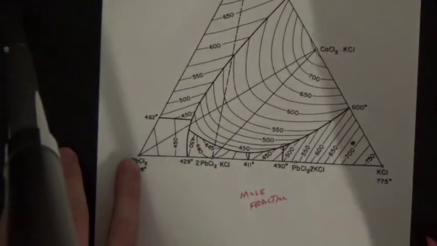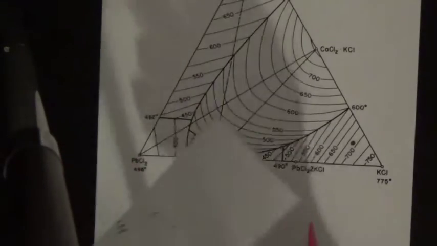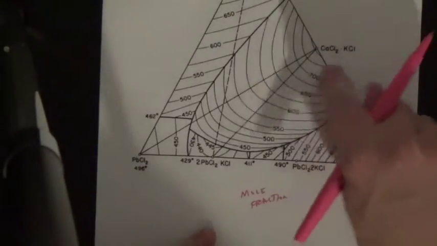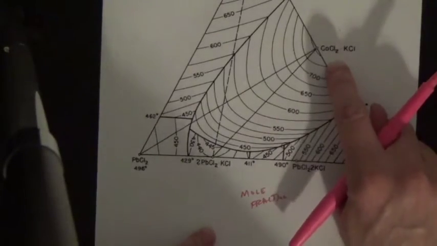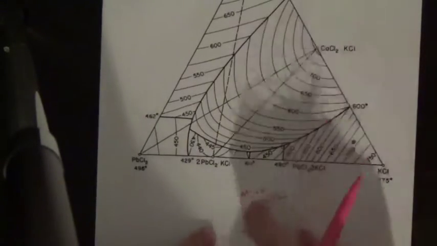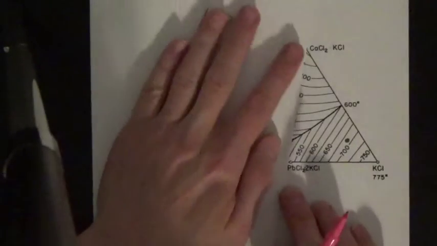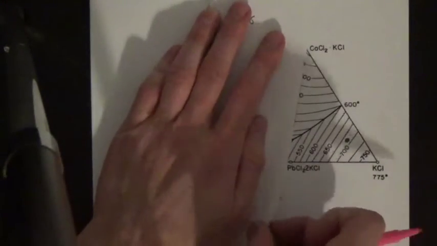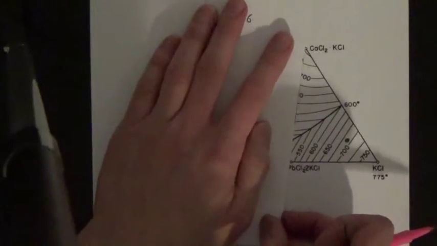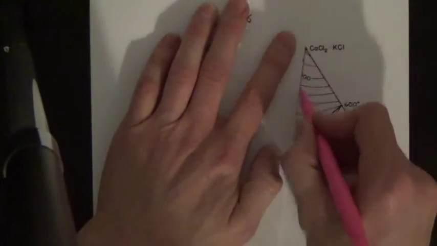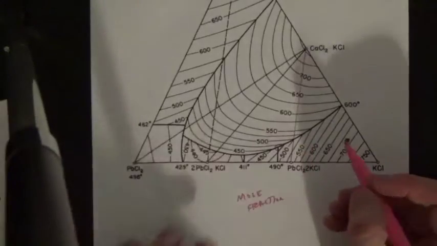So then let's draw in, and this region is the calcium chloride, which is again halfway through, so that tells us that it's mole fraction. Draw that in.